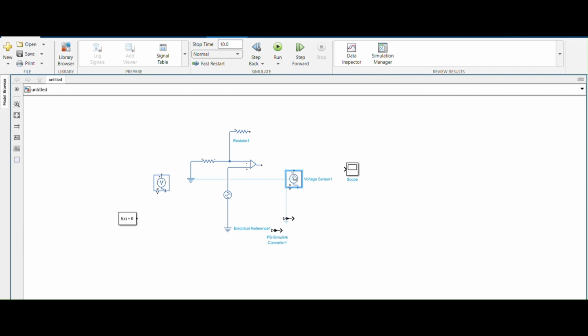The output voltage will be connected to the op-amp Vout, and then the resistor will be connected to that node.